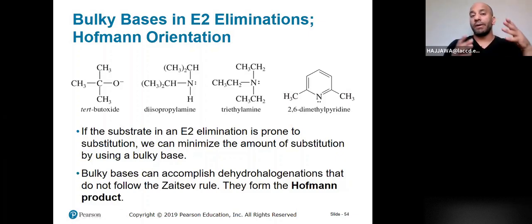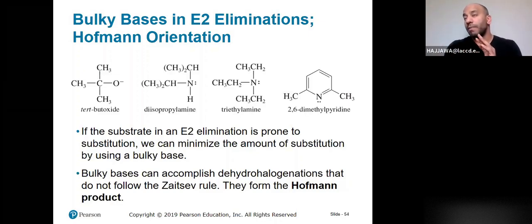There we will have to pay attention to another rule besides Zaitsev's rule, and that is Hofmann's rule. Hofmann's rule indicates that when you have a bulky base and you have the possibility of more than one hydrogen to be abstracted adjacent to that C-X, then the base will be the determining factor. The smaller base will pick up the hydrogen that leads to the more substituted alkene, and the bulkier base will pick up the hydrogen that leads to the less substituted alkene.